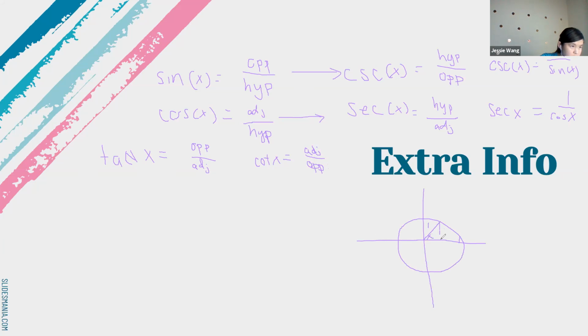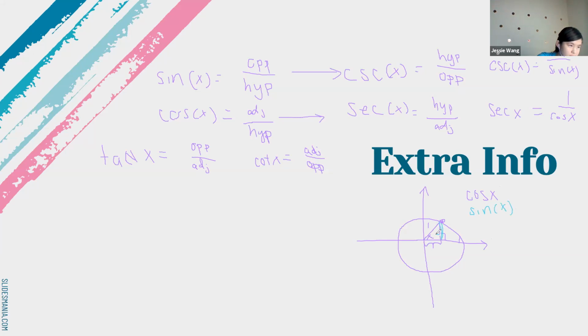Now we can draw our altitude down here. And so we have this certain point. We know this part, this is the x value, right? Since this is an xy plane. The x value is equal to cosine of x. And the y value, which is here in blue, is equal to sine of x.